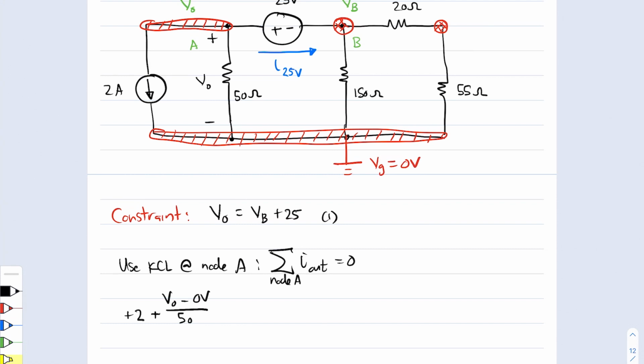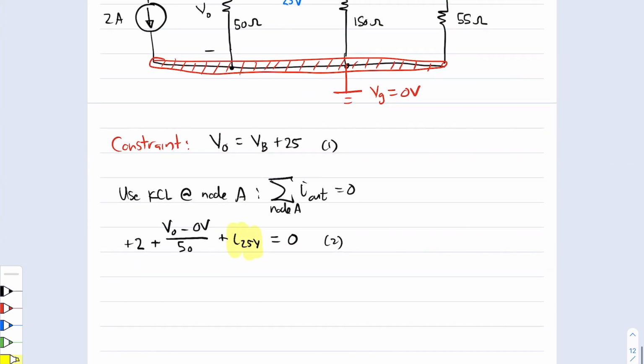So I have chosen that current to flow out of node A through the 25 volt source out to node B. So into KCL goes plus I of 25 volts. Those are the only elements at that node. They must add up to 0. This is going to be my equation 2. One thing I really want to highlight is that I needed to introduce this new variable in order to actually get that equation down.